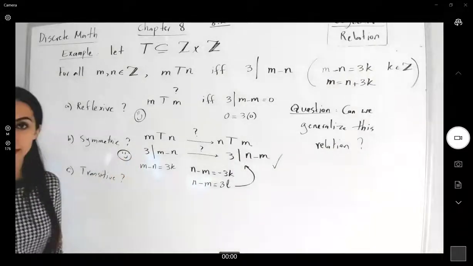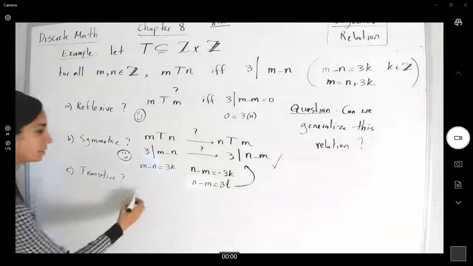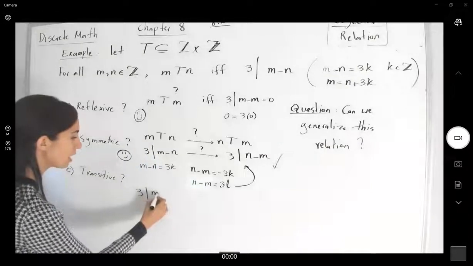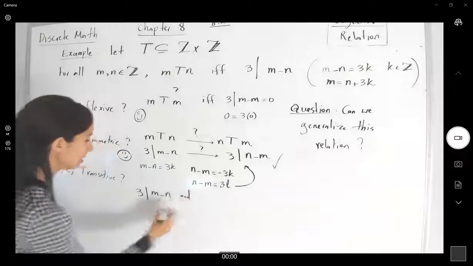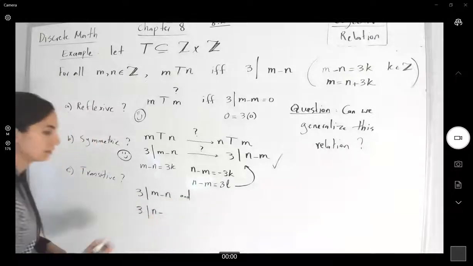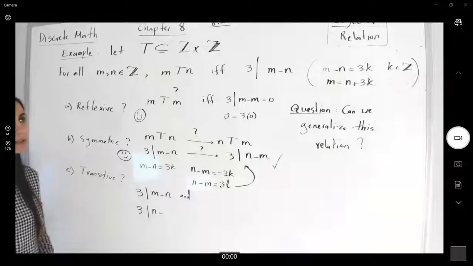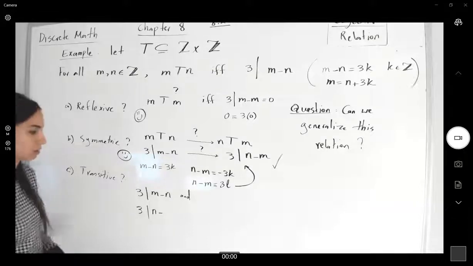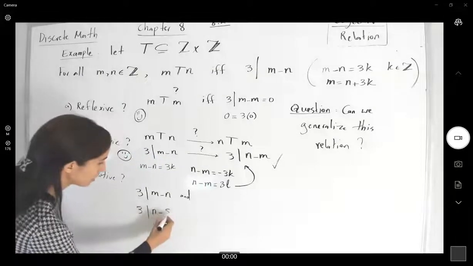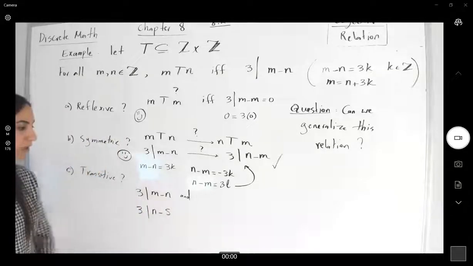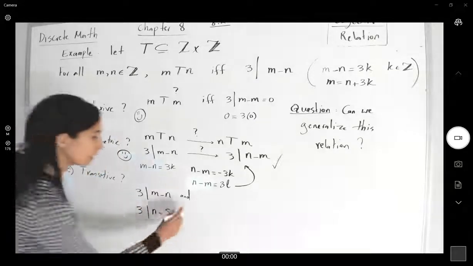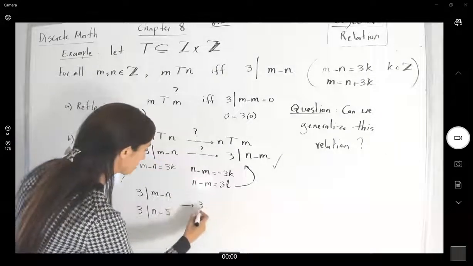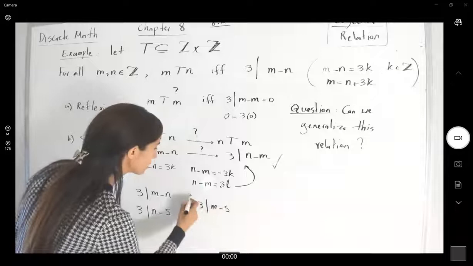Well, is it transitive? What's the meaning of that? It means that if 3 divides M minus N and 3 divides N minus another integer, let us call it S, so 3 divides M minus N and 3 divides N minus S, can we conclude that 3 divides M minus S?